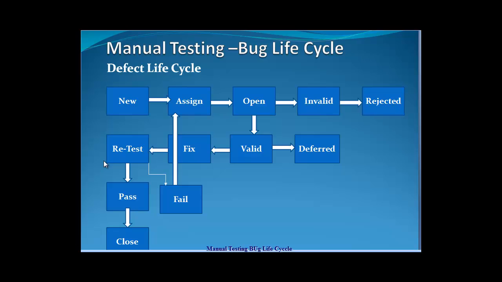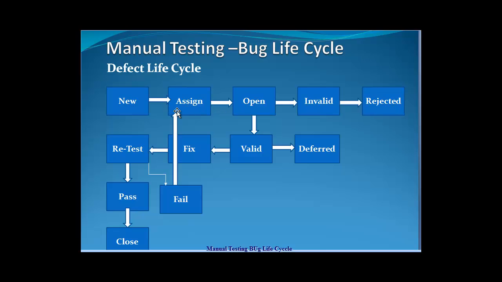And again if he checks after retesting that the defect is not fixed, or in 3 defects only 2 defects are fixed, then again he marks the status as fail, and that defect again follows the same rule from the assign. So here we can see that after retest, if that defect fails, the test engineer again reassigns that defect, and again that defect starts following this life cycle.